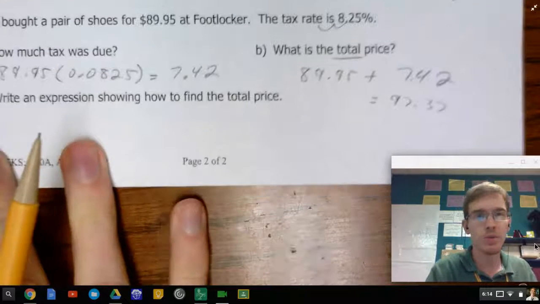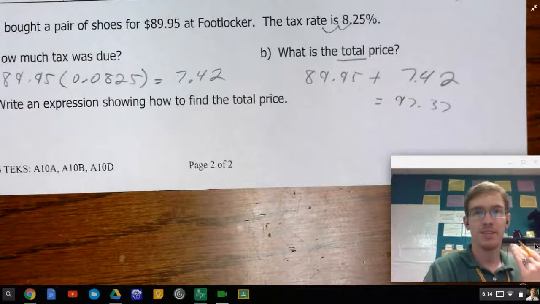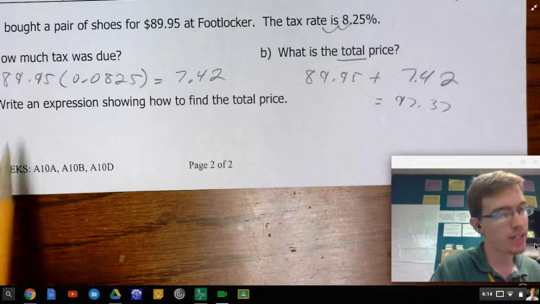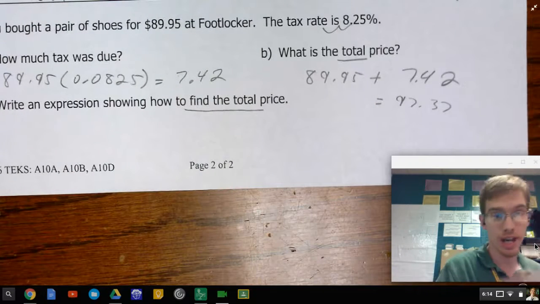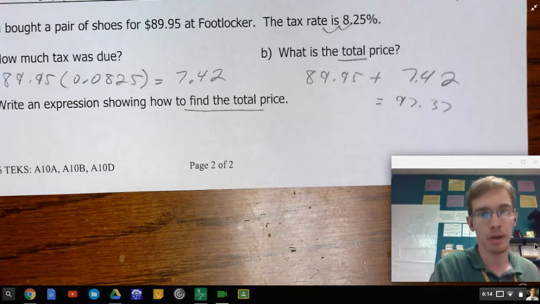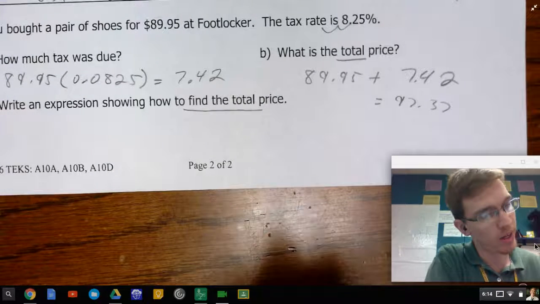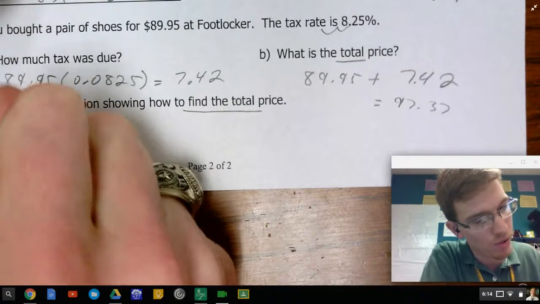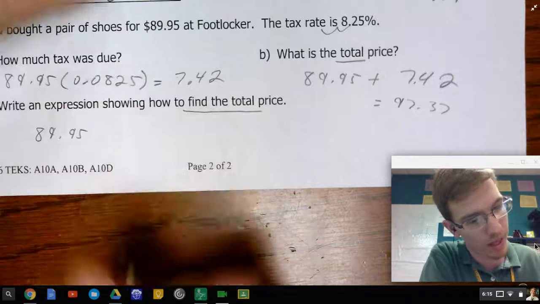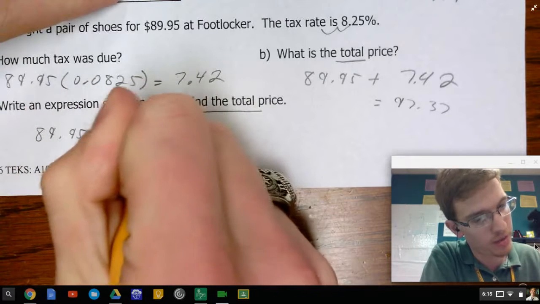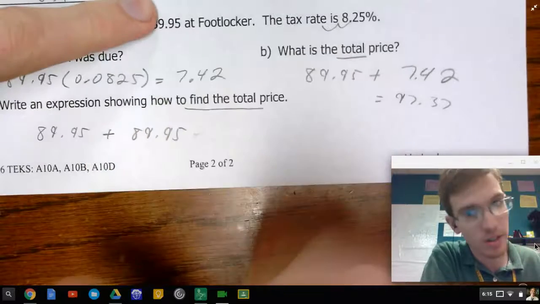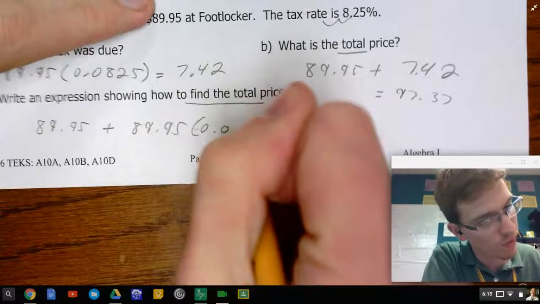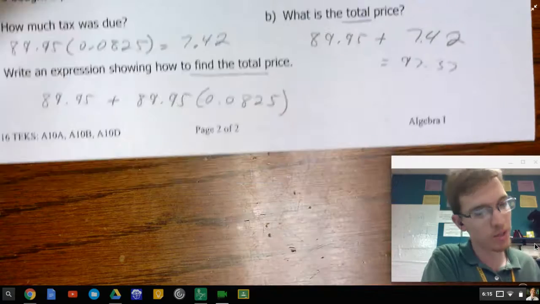Now this is a cool use of the distributive property, part C. Write an expression showing how to find the total price. I use this all the time, and I'd love to tell you about this a little bit more in class, where I'll take $89.95 plus $89.95 times the tax rate. That's what you did, right?